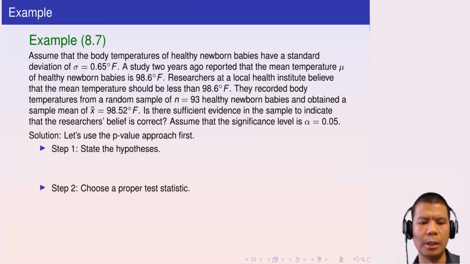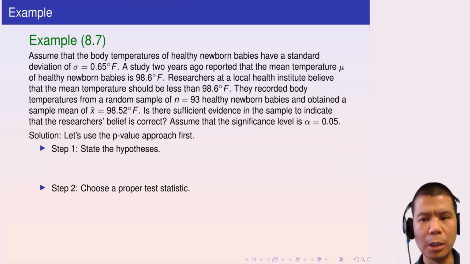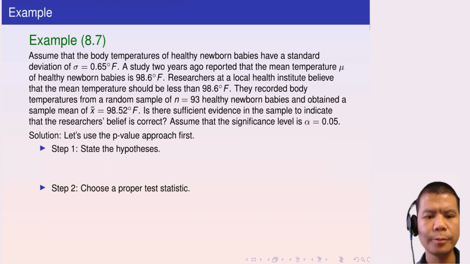Now state the hypothesis. We know that there are 2 hypotheses. We are really interested in the mean temperature mu, about the healthy newborn babies. The researchers believe that the mean should be less than that.